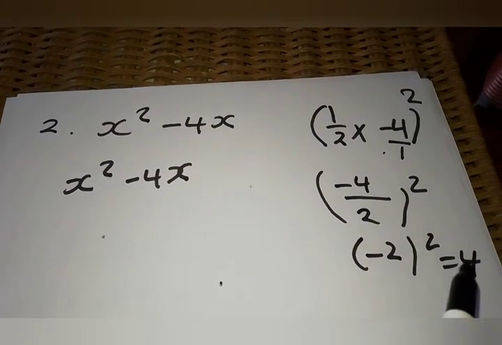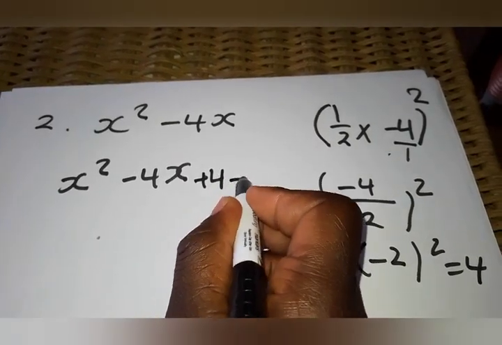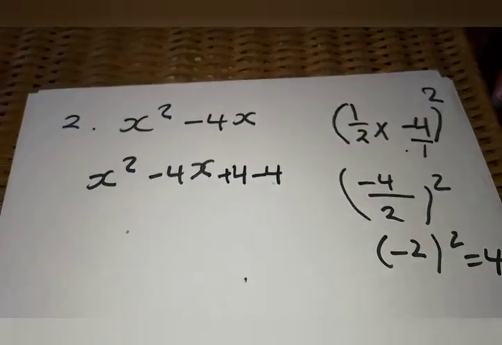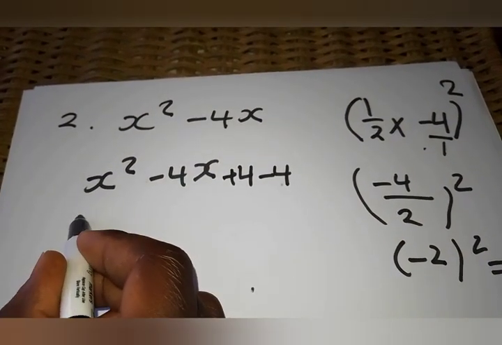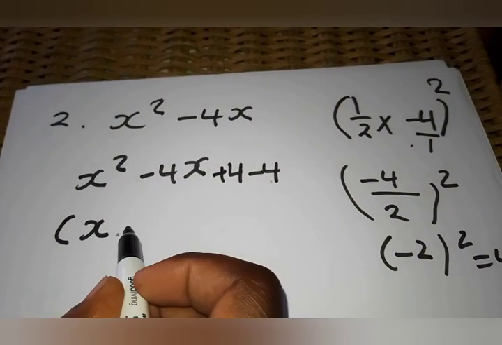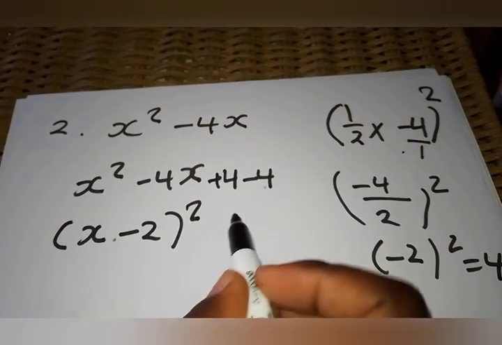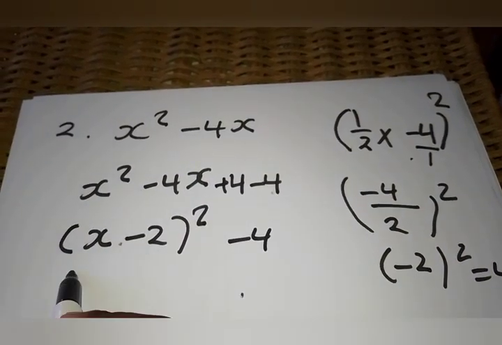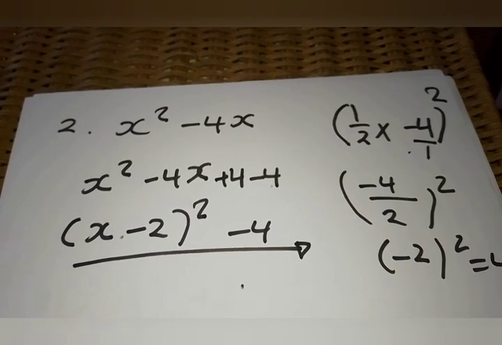So we add that positive 4 and we minus it at the same time. So let us simplify what we have in order for us to have it in a standard form. So x, we take the last step, which is minus 2 squared, then we minus the last 4 in our expression. So that's our final answer. I hope you get it.